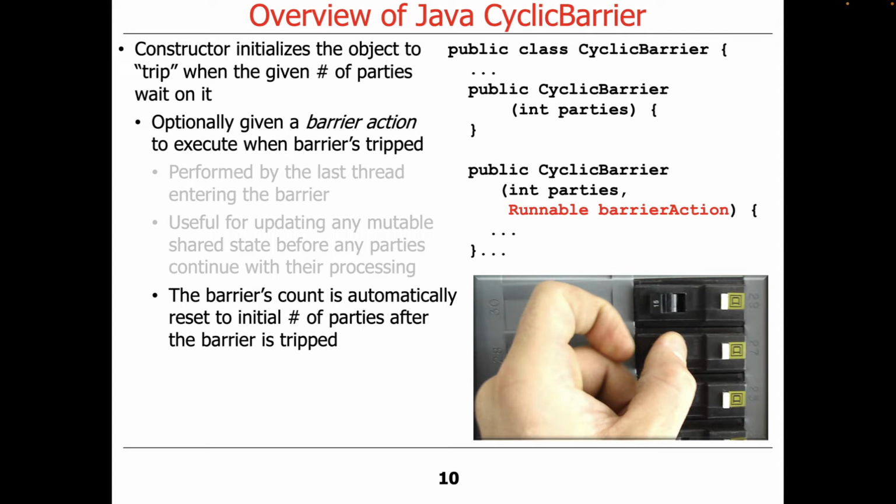After the barrier action returns, assuming the goal is to continue moving forward, all the threads can return from await, and the count is automatically reset to the original number of parties. So after the barrier is tripped and the barrier action, if any, is run, everything's reset and the whole cycle can begin again. That's what makes this a cyclic barrier, because you can start over again with the beginning number of threads ready.